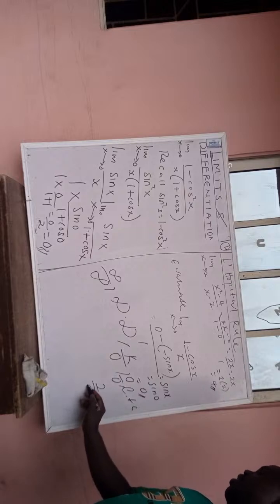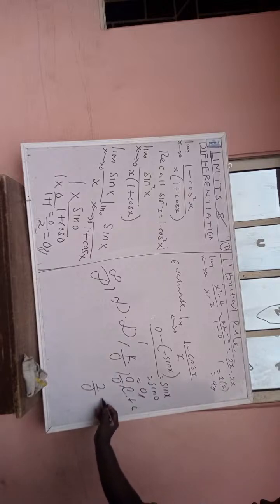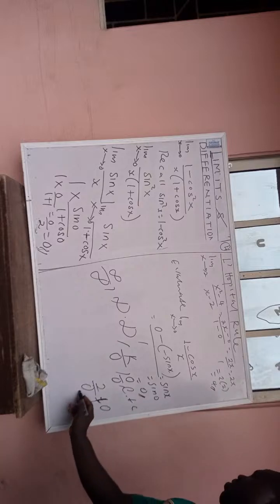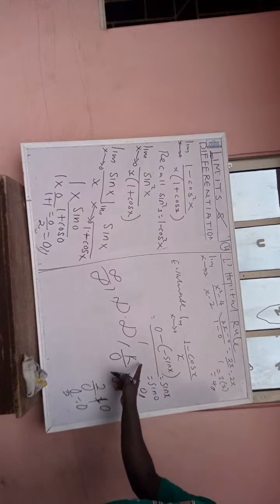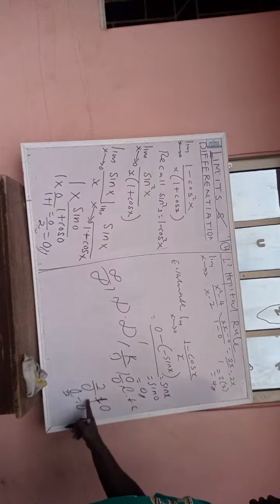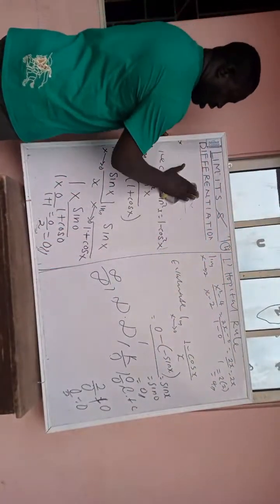Now imagine 2 divided by 0. 2 divided by 0 is not 0, please. It is not 0. But 0 divided by 2 is 0. 2 divided by 0, you must avoid it because it will lead to an undefined expression or indeterminate form. So we must avoid that when evaluating limits.